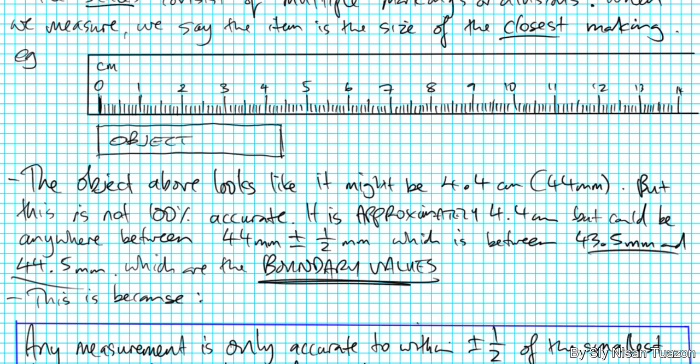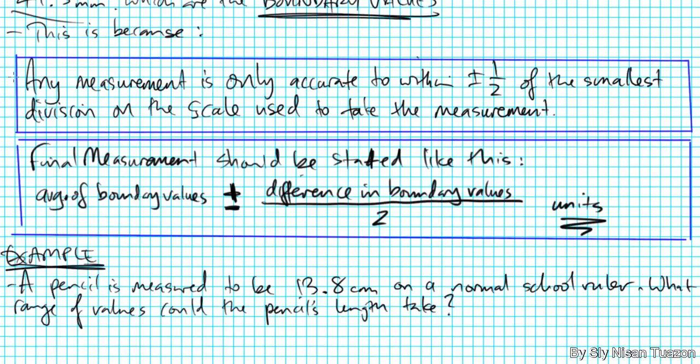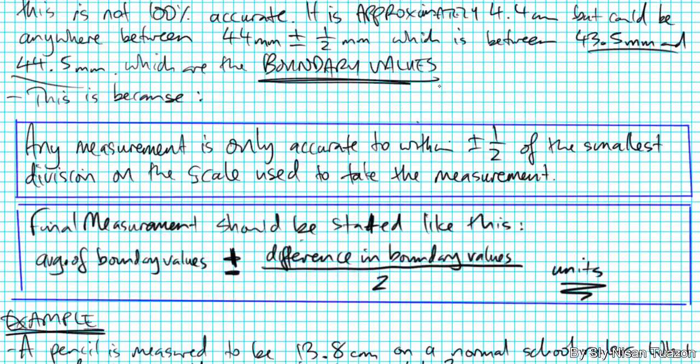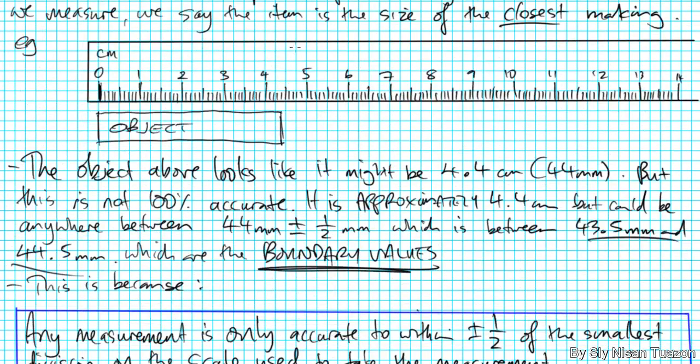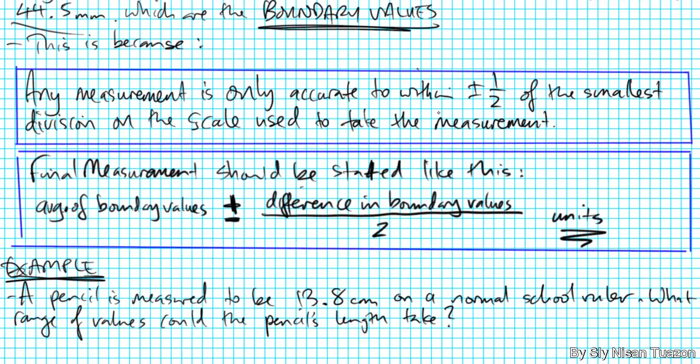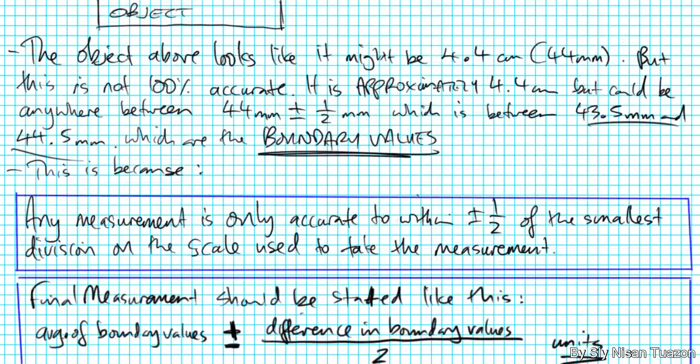Well, it's the millimeters. So it's an accepted practice that you can only be as accurate as a measuring tool to within a half of the very smallest division it has on the scale. So below a half or above a half, right? So in here, 43.5, 44.5, we've calculated the boundary values.